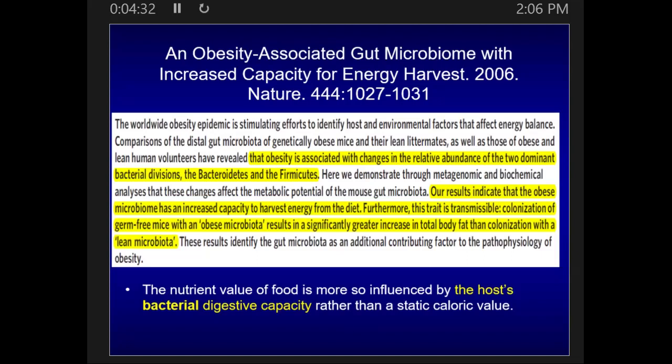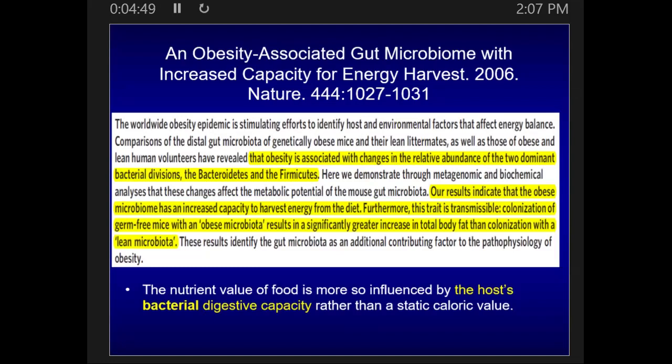This has really got the scientists excited. I like that bullet point we looked at last time: the nutrient value of food is more influenced by the host bacterial digestive capacity rather than static caloric value.